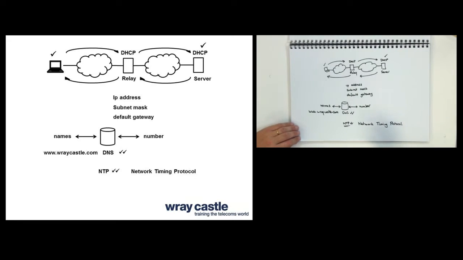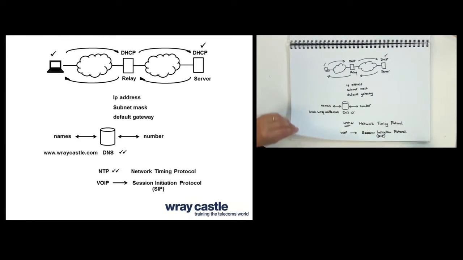That's not the only stuff that we can do in DHCP. It's been extended further. If you're doing voice over IP nowadays, then you'll probably be using SIP signaling, so session initiation protocol, and as you probably guessed it, we can also therefore give you the SIP servers addresses as well, as if your DHCP has been extended appropriately.